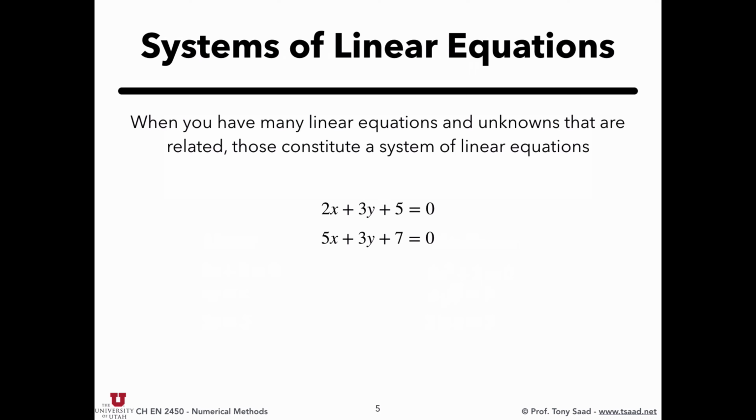So for example, 2x plus 3y plus 5 equals 0 and 5x plus 3y plus 7 equals 0. Those equations come together, assuming they're coming from the same physical system. They describe a process together where x and y mean different things. Then this constitutes a linear system of equations. We're going to be dealing with systems that have thousands and thousands of such equations.